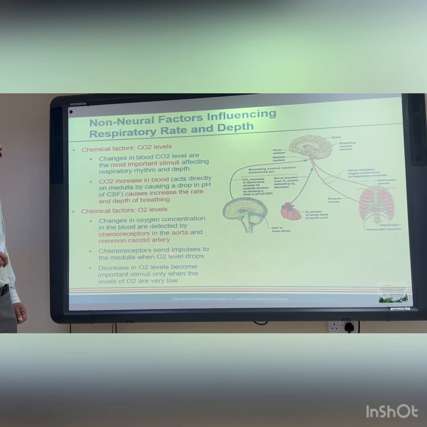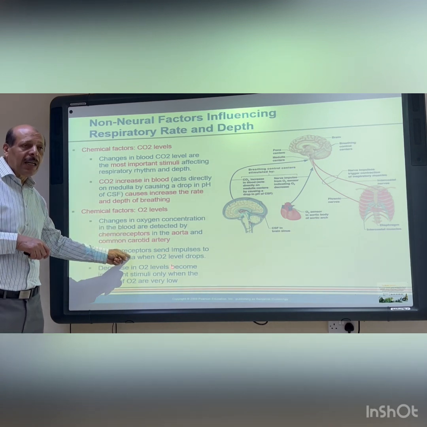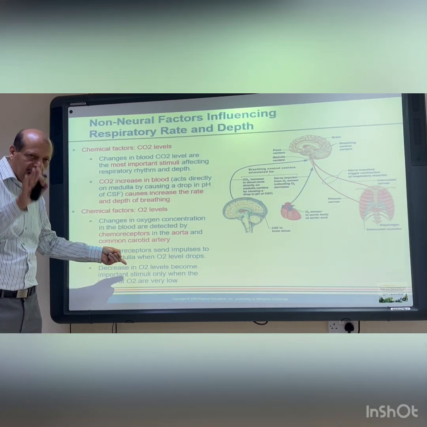The chemoreceptors will send impulses to the medulla when the O2 level drops. A decrease in O2 level becomes an important stimulus only when the level of oxygen is very low. Normally, it is the CO2 that stimulates the breathing rate and depth, but here the stimulation will happen mostly if the level of oxygen drops.